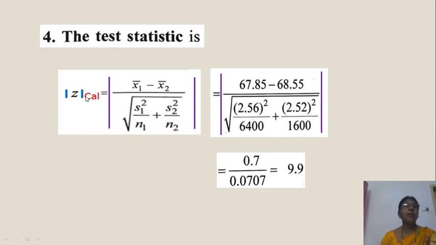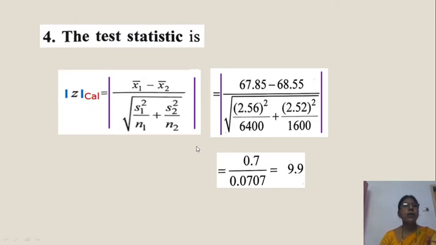The formula for Z calculated is x1 bar minus x2 bar by root of s1 square by n1 plus s2 square by n2. Substitute all the values x1, x2, s1, s2 and n1, n2. After calculation, Z calculated value is equal to 9.99.